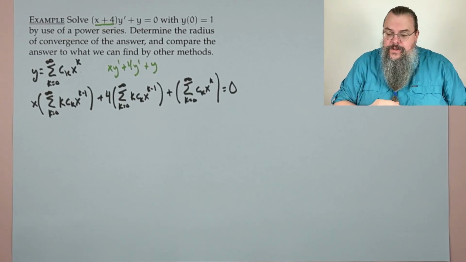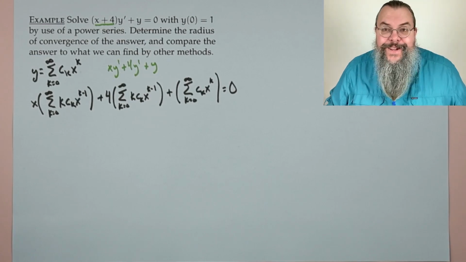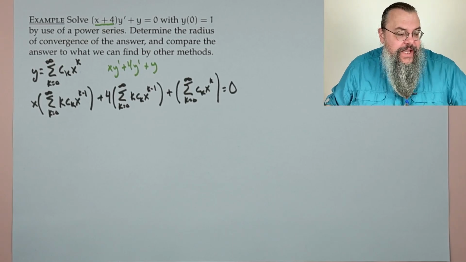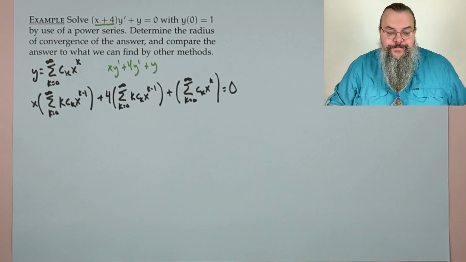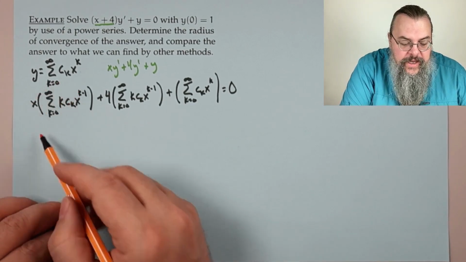All right, well, now we're going to do some work, right? We're going to be patient. We aren't in a rush. We're going to enjoy our time here. All right, so in this case, we'll multiply the x in.